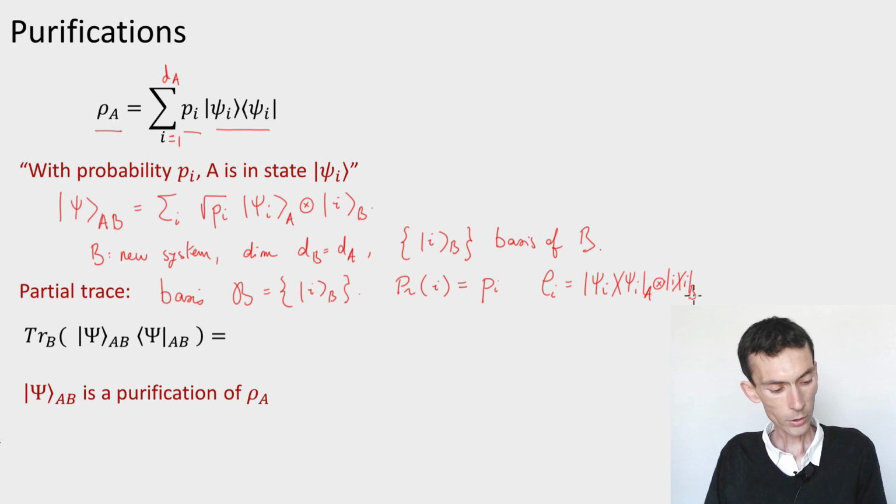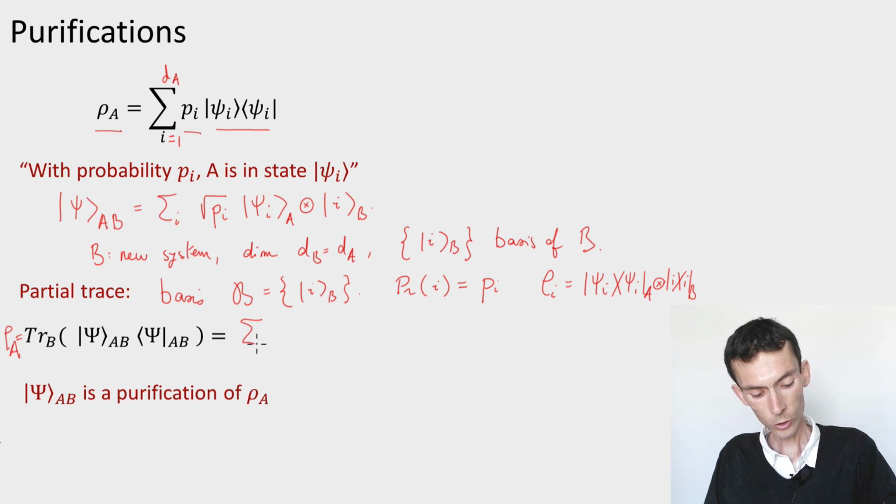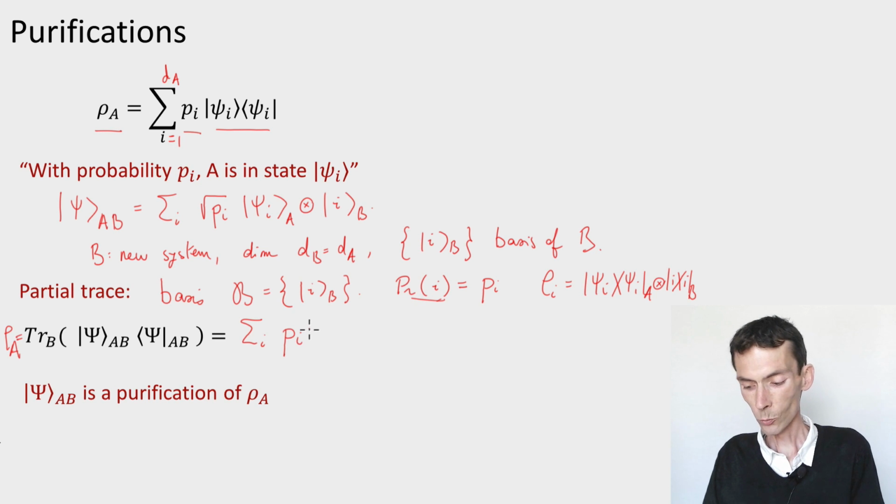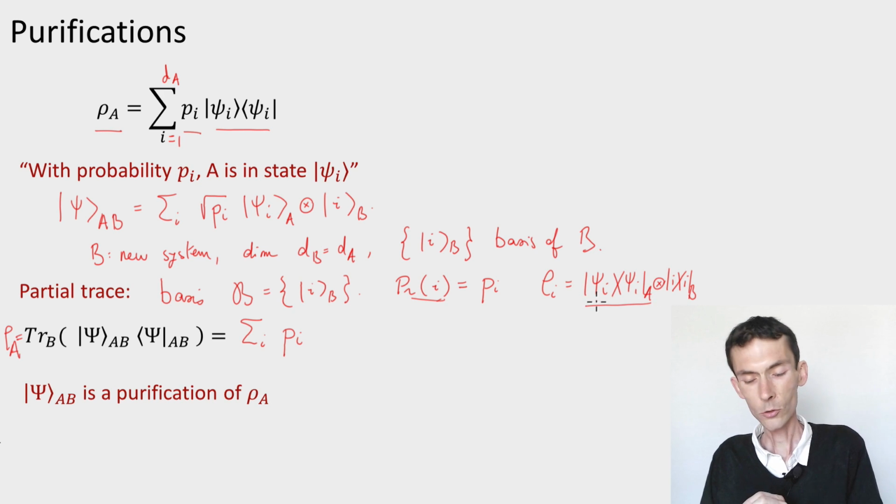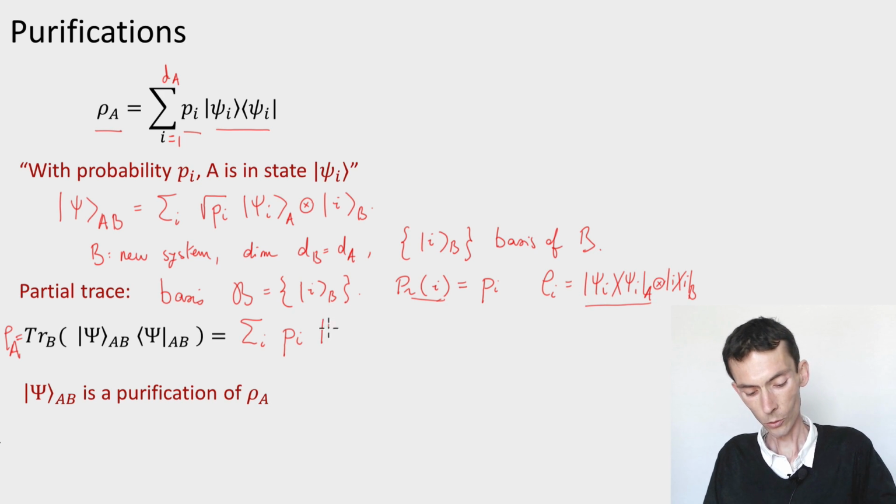And so this tells us that the overall reduced density rho A on the A system, obtained by taking the partial trace operation, will be the sum over i of the probability that we get i, this is p_i, times the reduced density on A that's associated with rho_i. So that's just the rank 1 projection on psi_i.